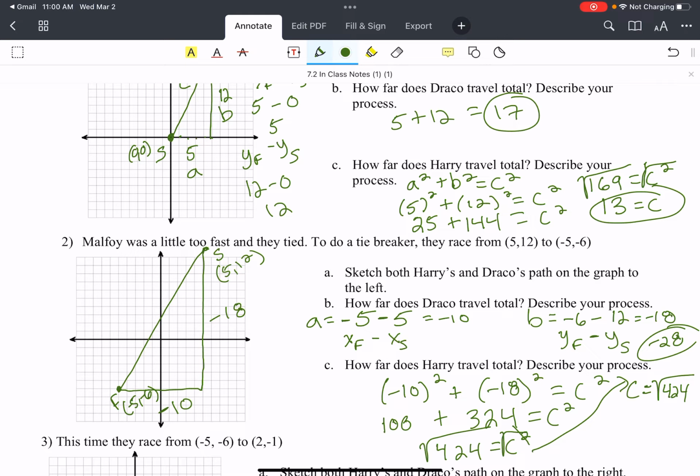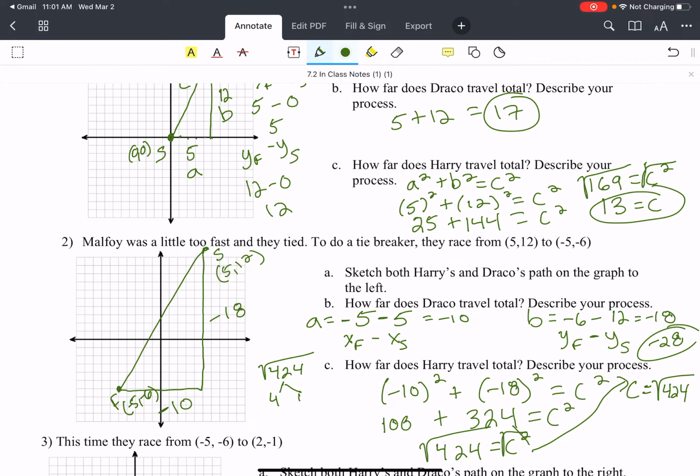It's been a while since we've done factor trees. So if I want to get my exact answer, can anybody think of a number that goes evenly into 424? 20? Nope. Good guess. 4 does. 4 times what number is 424? 106?